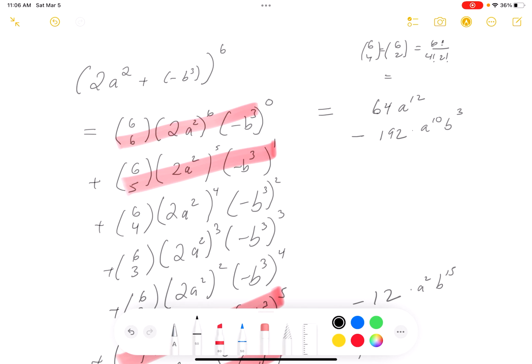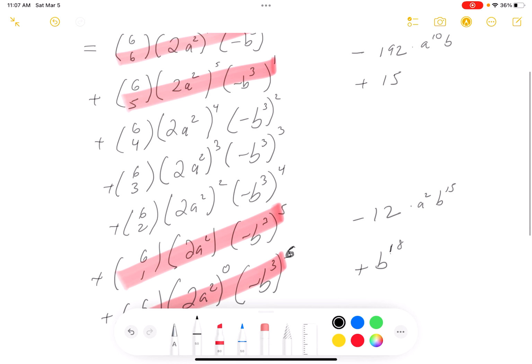Well, that's going to be 6 times 5 times 4 factorial over 4 factorial, 2 factorial. They cancel, and you can get 15. So let's write that down. So what do you get up here? Plus 15. And again, we're doing this one here, and this one, which could be minus 15. I'm sorry, plus 15.